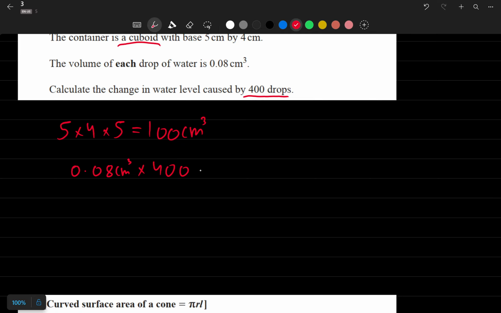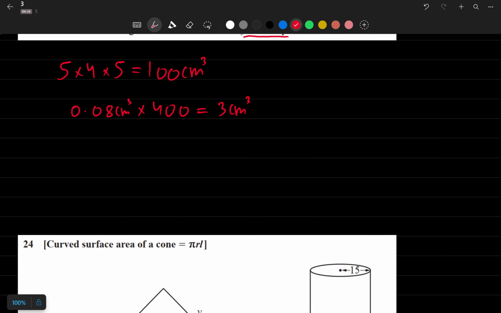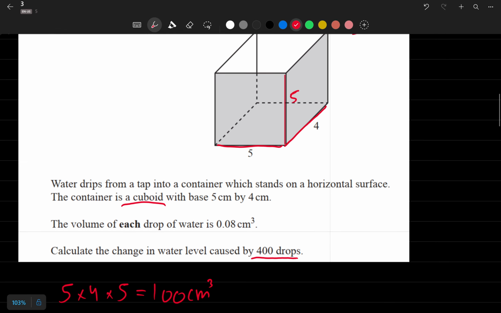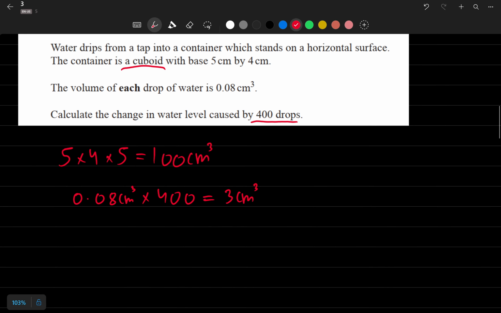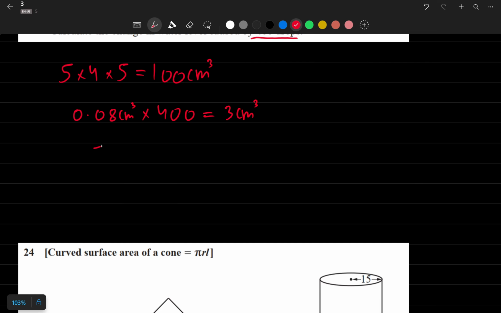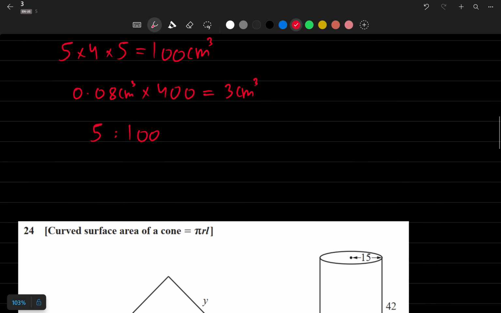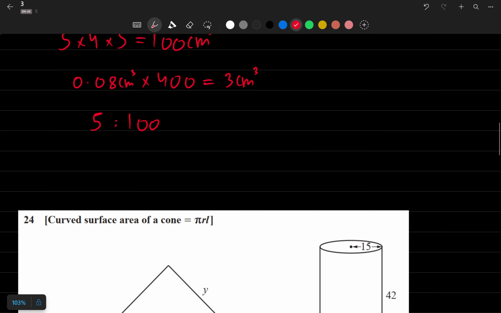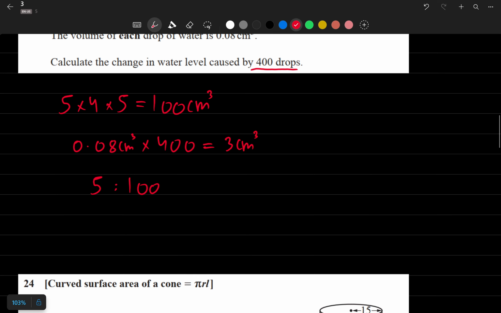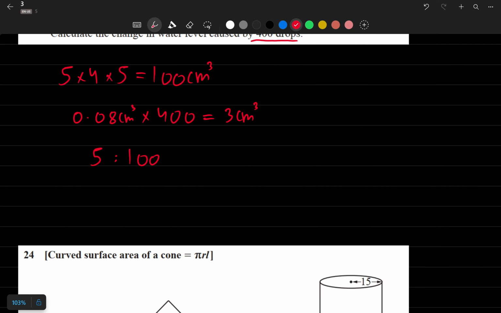This gives you 32 centimeter cube. Now you know that this length is 5 centimeter, which gives the total volume of this container, 100.